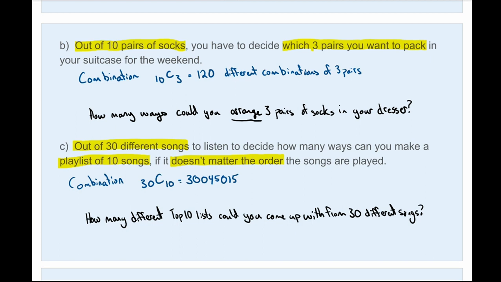As simple as that, just showing that there needs to be an order to what you're doing. Or how many different ways can I arrange 10 songs? Something like that. So the key difference between the two is permutations tend to involve more arrangement, combinations tend to involve more just choosing. So just choosing objects, not arranging them.